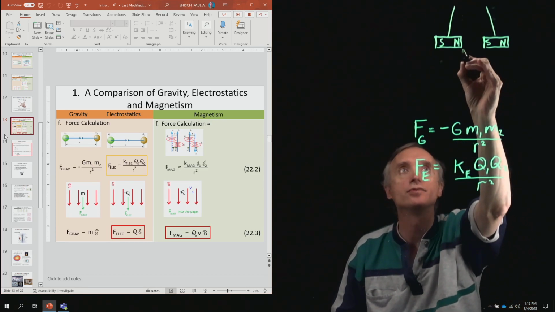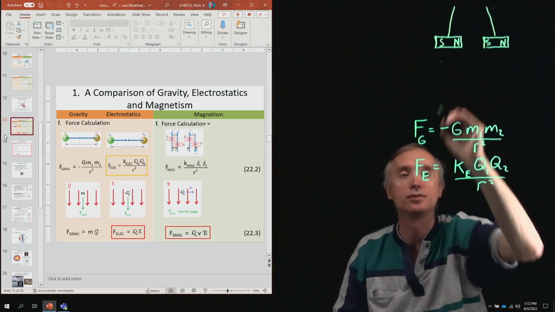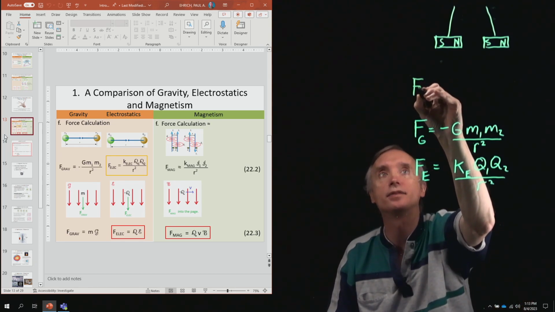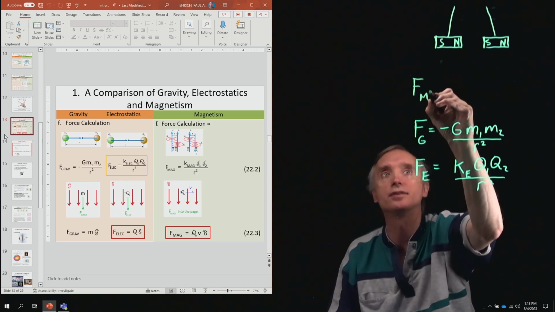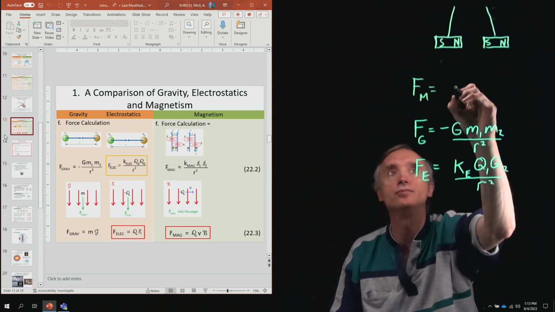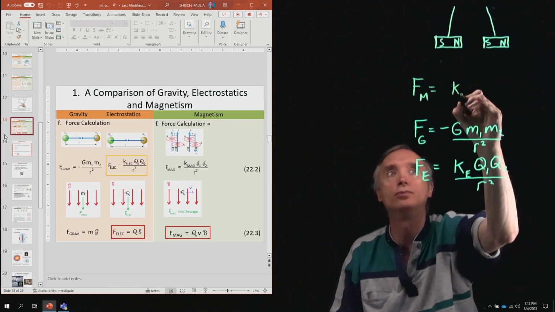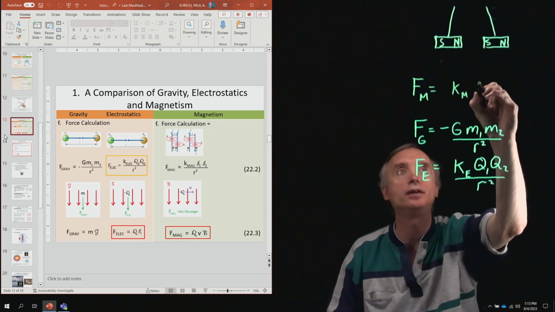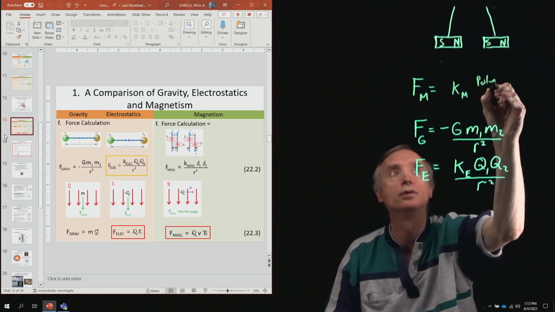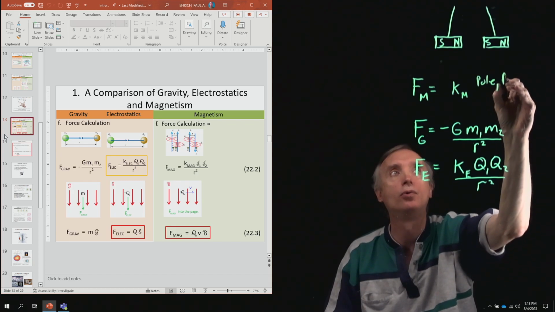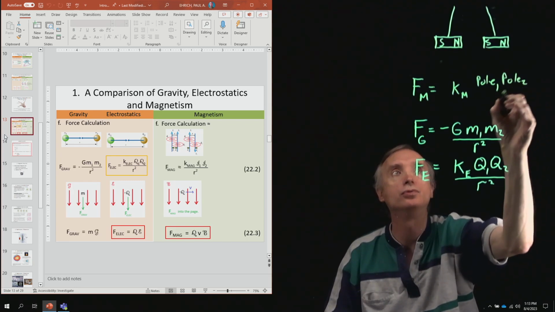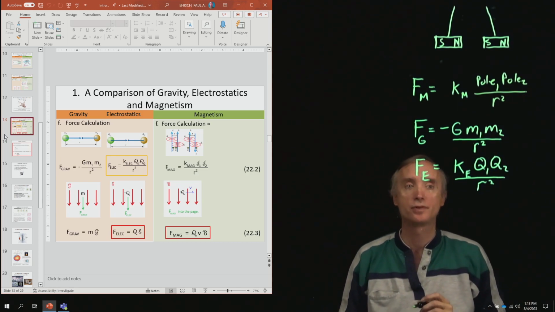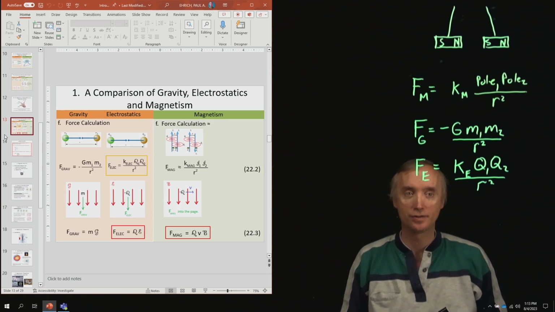And so they measured the distance between the two magnets, and they came up with a formula that said that the force of magnetism would be equal to some constant, which they didn't know, but they said it was a magnetic constant, and then it would be pole number 1, and then pole number 2, and then divided by r squared. So they came up with this formula that would go with magnets.